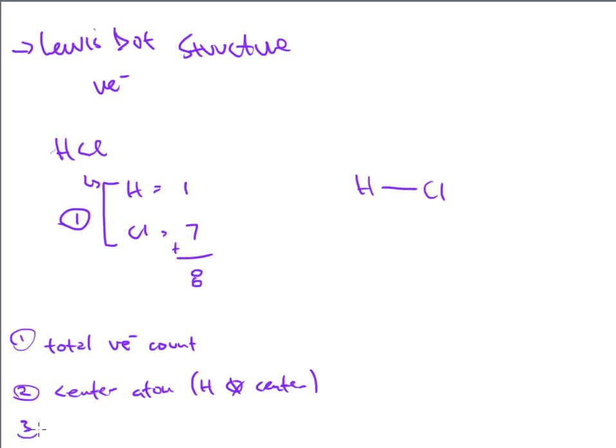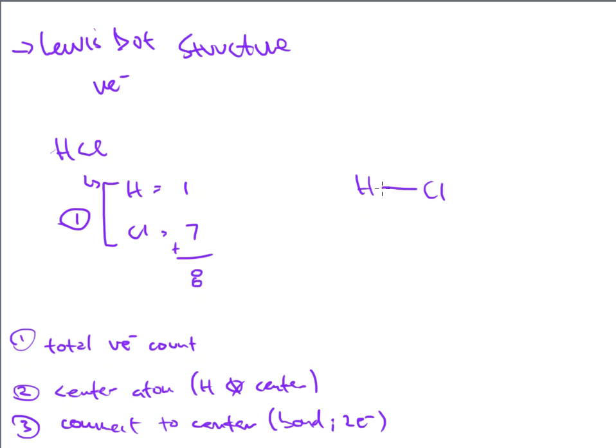All right, number three, we're then going to connect all of the atoms to the center if we can. Well, again, we didn't have the center, so we just connected the atoms together, and we did that with a line. And this is going to represent a bond, and a bond always represents two electrons, okay?